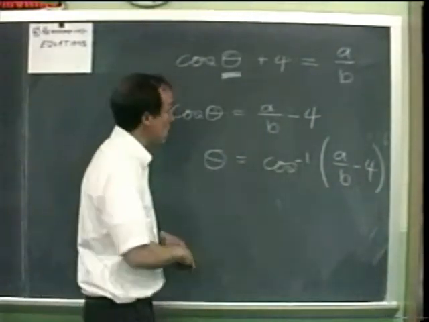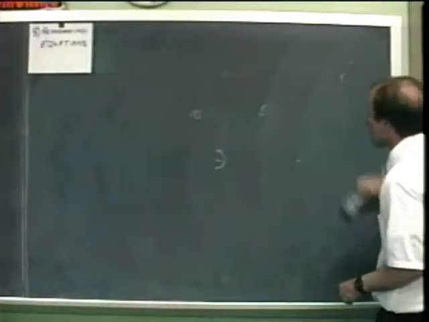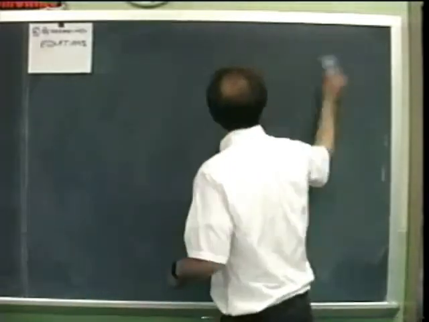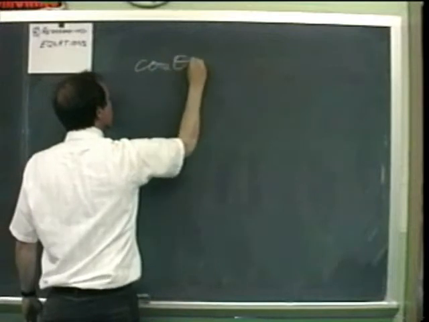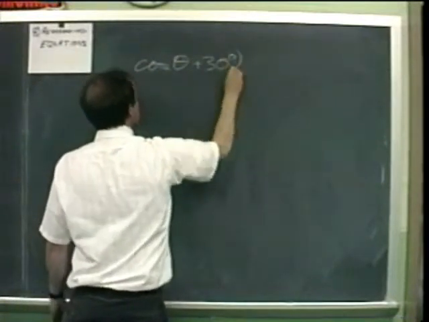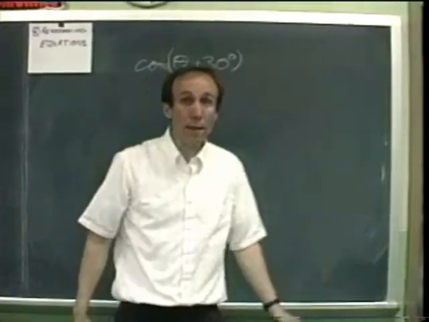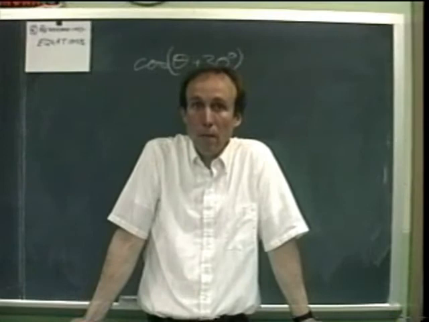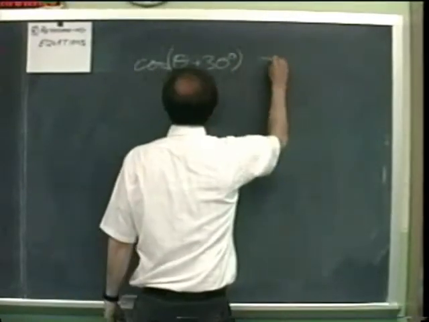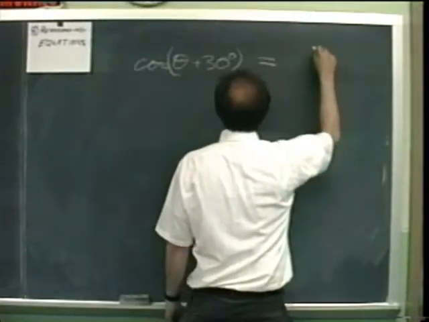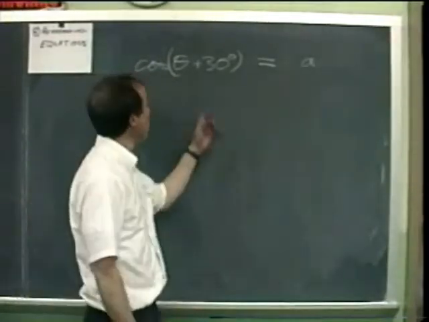It's important to recognize the cosine function is not distributive. That is, the cosine of theta plus 30 degrees is not the cosine of theta plus the cosine of 30 degrees. You have to add the angles first and then take the cosine. Let's say this is equal to a, and I ask you to find theta.